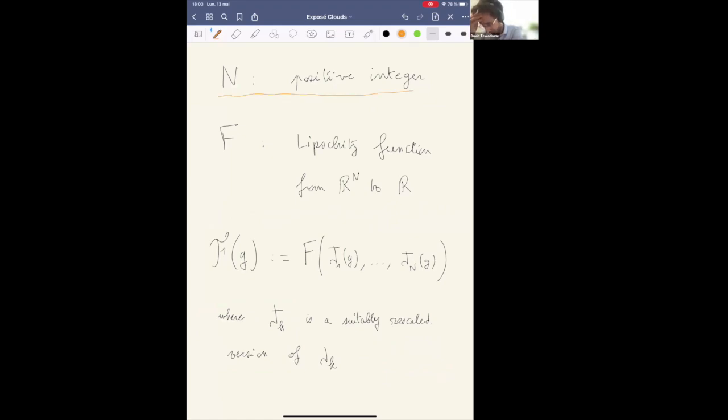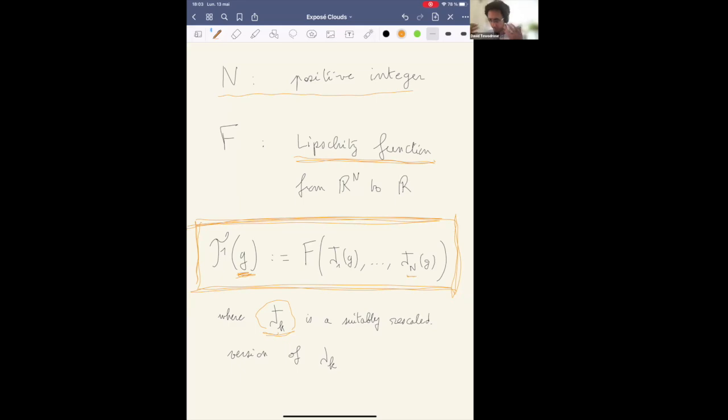This number is big N, and we consider a Lipschitz function f from R^N to R, and we define a functional that takes as input the metric g, and gives as output a combination of some suitably rescaled version λk bar of the eigenvalues λk, so a combination of the N first elements of this rescaled spectrum.